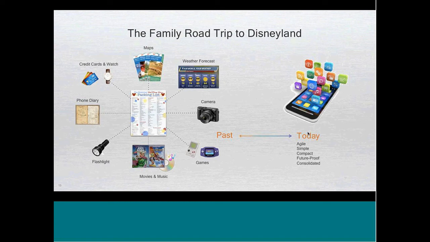It is a lot better resolution, and it's connected to the internet, so you can instantly share the pictures. You get the idea. The smartphones of today are agile, simple, compact, future-proof and consolidated. They consolidate lots of things into one single thing. And future-proof because you can download an app that you are missing. So we have made this choice in our personal lives.